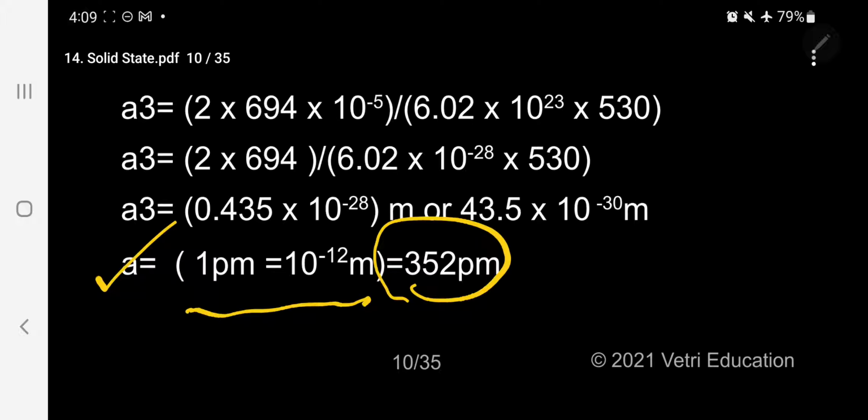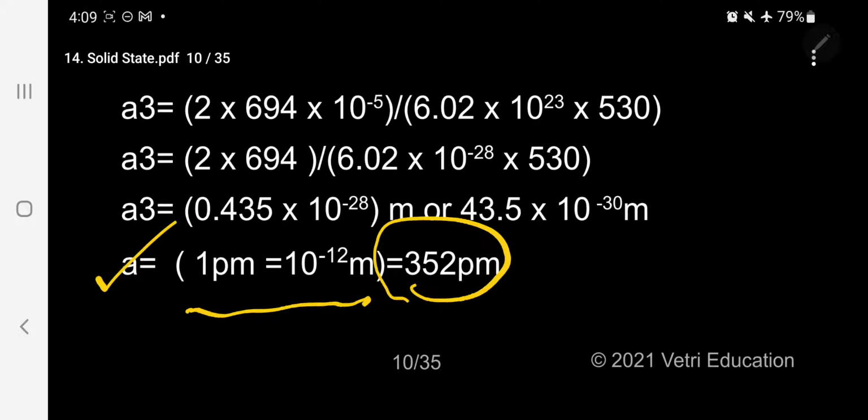We are calculating the interplanar distance in meters, and that we are converting into picometers. So the answer is 352. Now verify from the options given. Option A is the correct answer. You must do the calculation, find the proper formula, substitute, calculate, and identify the correct answer. Let me go to question number 2.